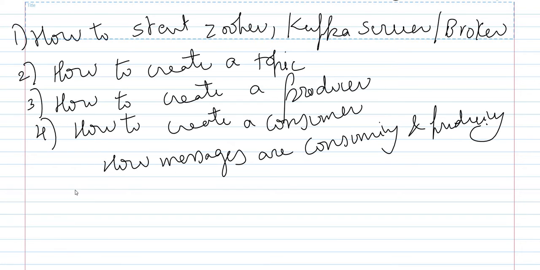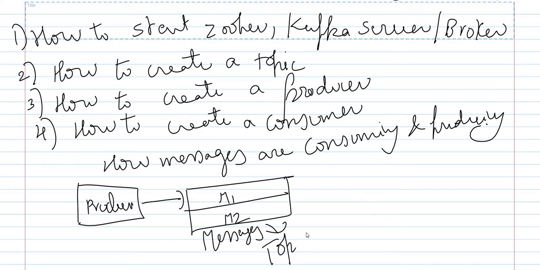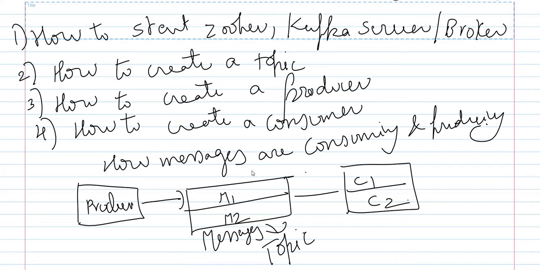Okay, see here, I want to say one thing. The producer produces some set of messages, message 1, message 2, on a particular topic, and these messages are consumed by consumer 1, or they may be consumed by multiple consumers.